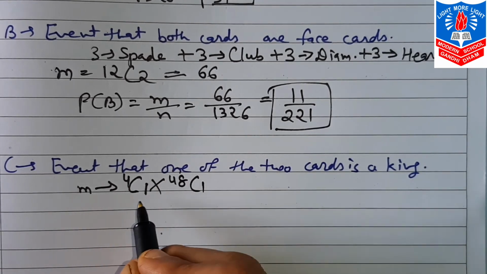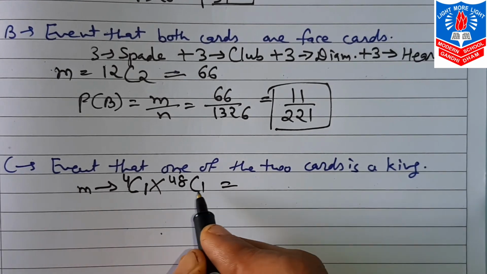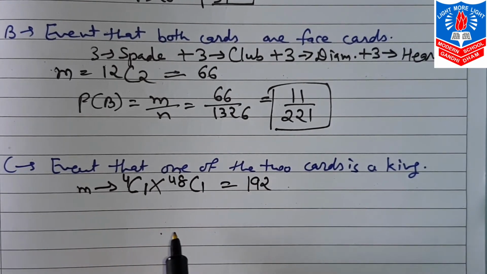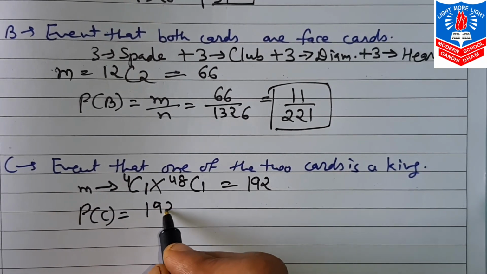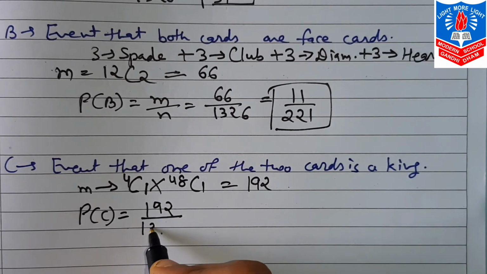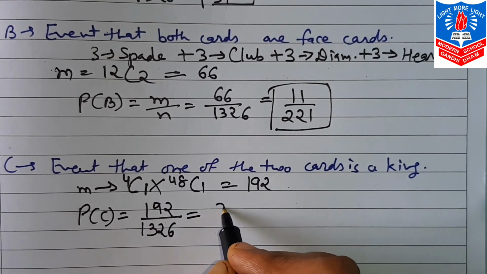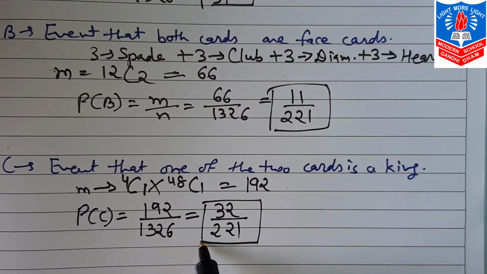Now see, total 52 and 1 plus 1, 2 will be this. So 4C1 into 48C1, that comes 192. So probability of C will be 192 by 1326. N will be common for all. So this will be 32 by 221.